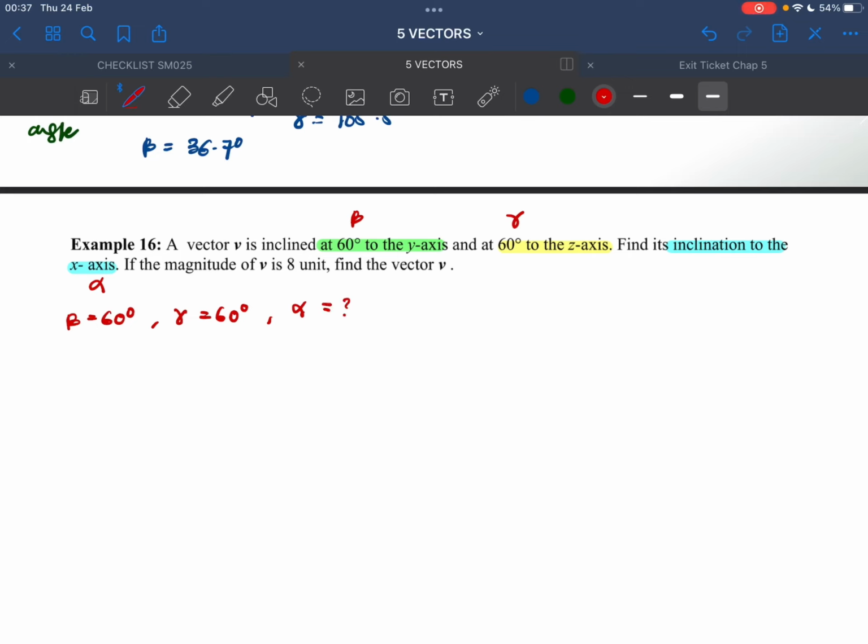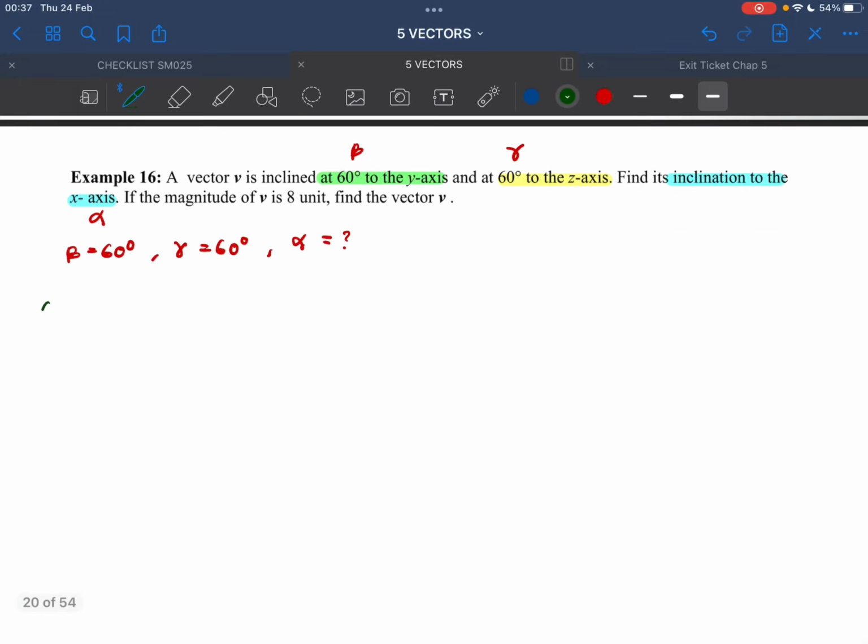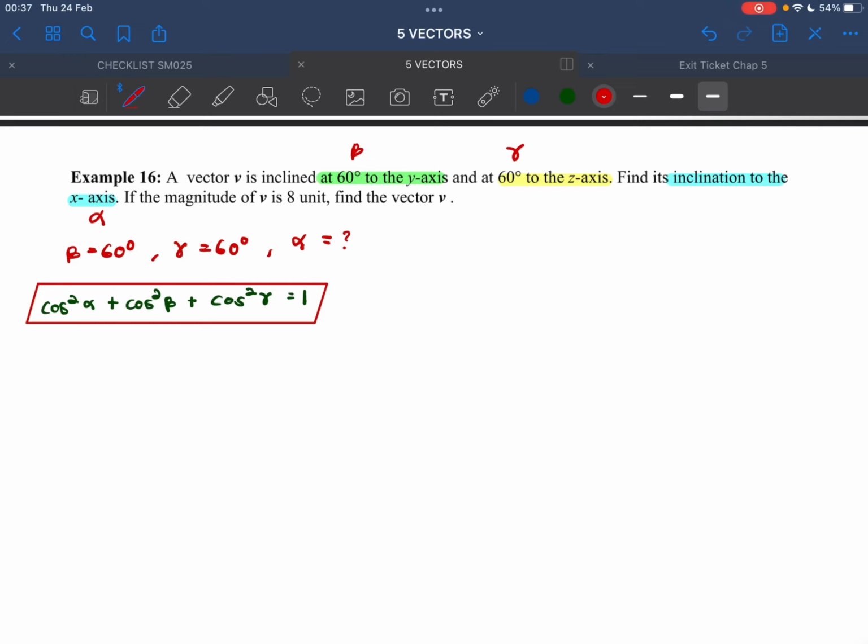Let's try to solve this part here. For the direction cosine, one of the formulas that we can use is cos squared alpha plus cos squared beta plus cos squared gamma. This is the identity that you can use. So let's use that formula.